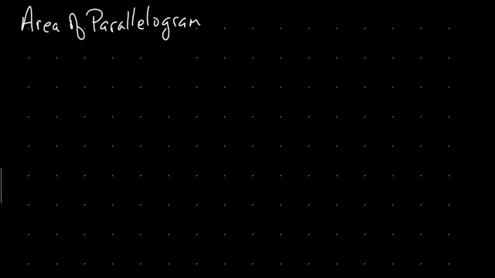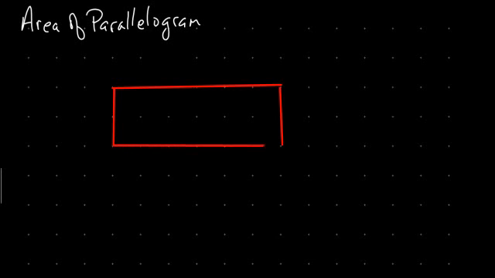So let me go in red here, and just for fun, let me draw a rectangle. If we have a rectangle here, and let's say we take this top side of the rectangle and shift it over to the right 1 unit, 1 foot or 1 inch, whatever we're talking about here.